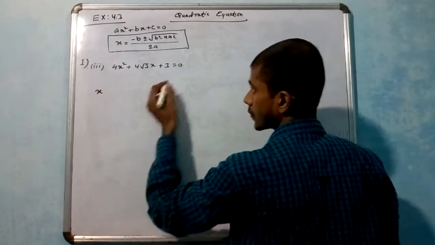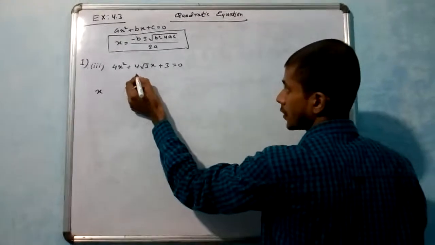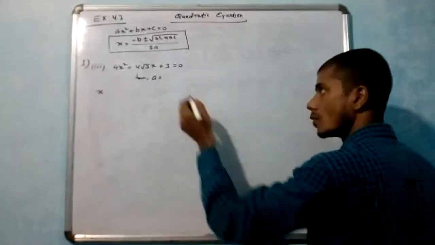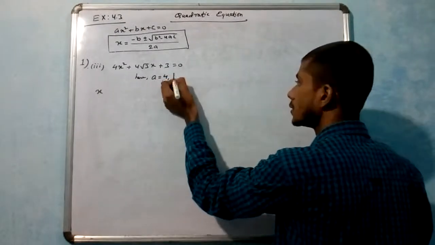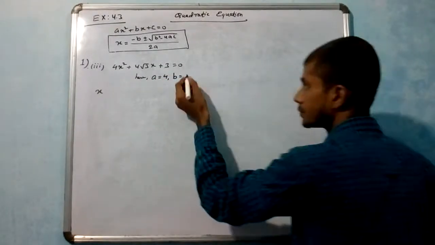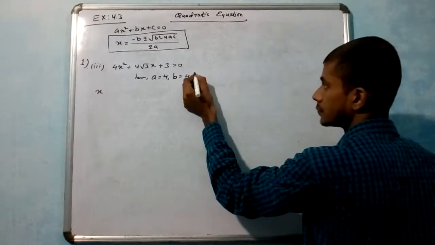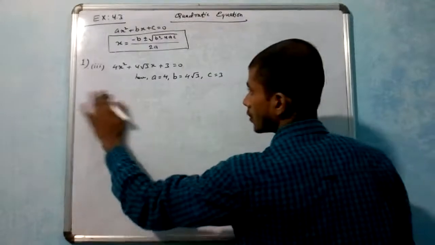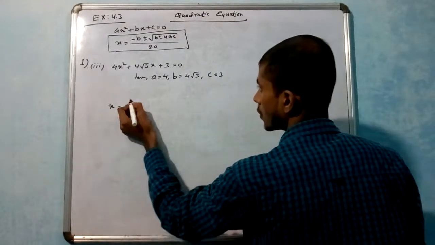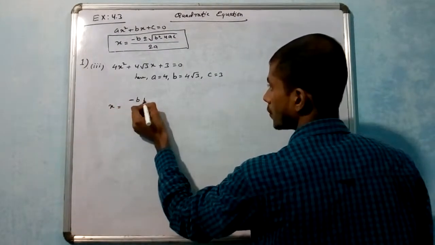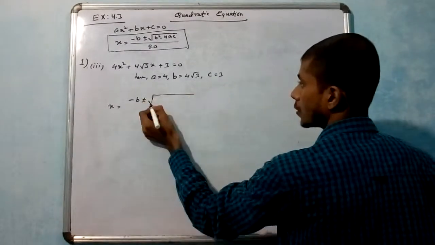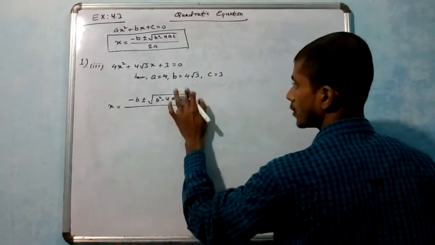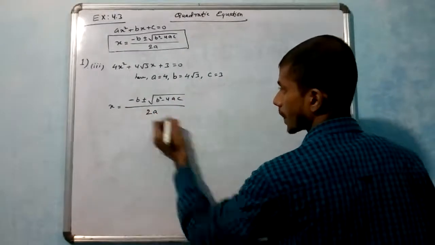So can you tell me what is a, b, c? Here a is 4, b is 4 root 3, c is 3. So x is equal to minus b plus minus of square root of b square minus 4ac by 2a.